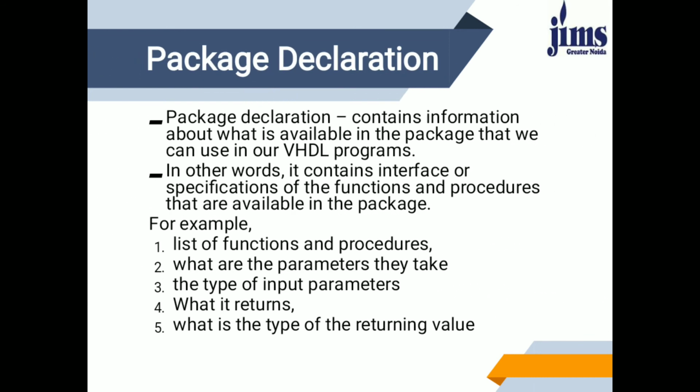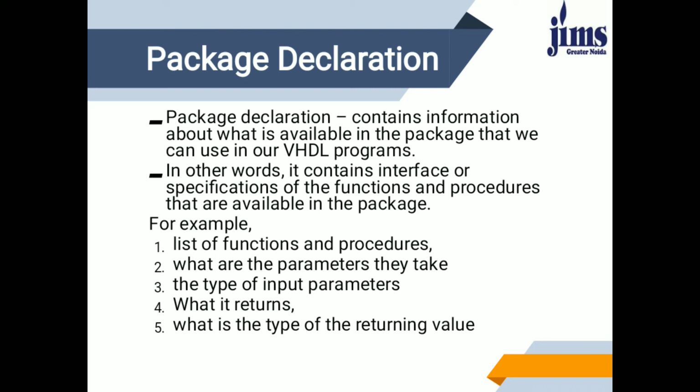So in the package declaration, what will we write? For example, we are defining an XOR gate and compiling it as a new entity. Now a half adder, a full subtractor or full adder and a parity generator circuit need to be designed separately using structural modeling, and all these entities require an XOR gate as a component.